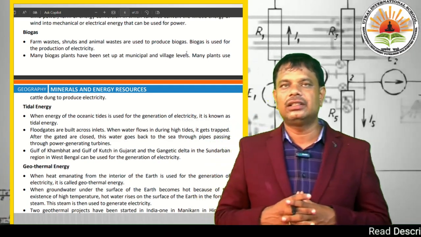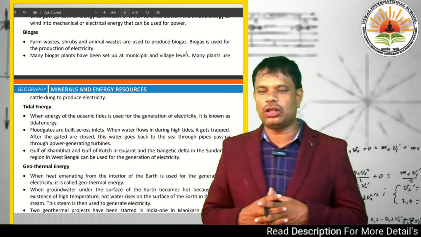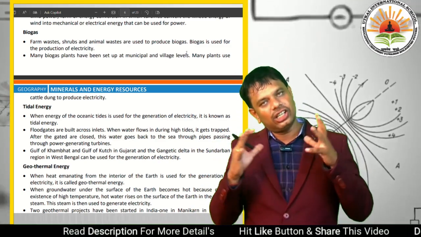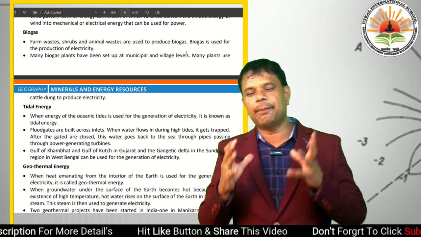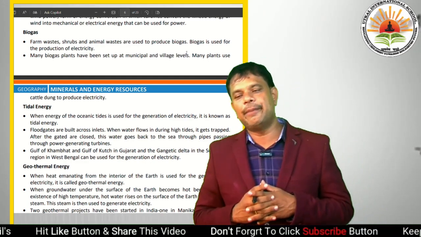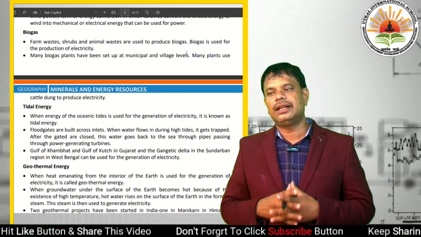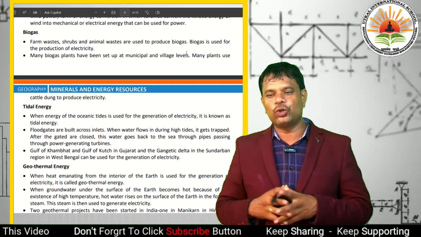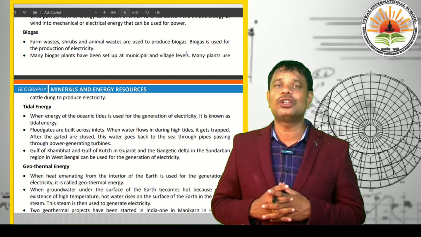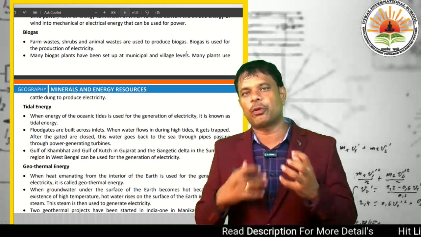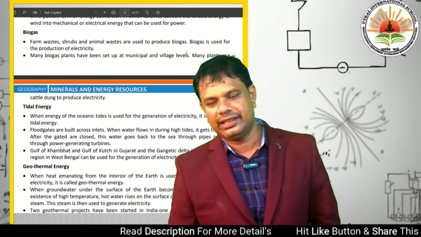Biogas is used for the production of electricity. Many biogas plants have been set up at municipal and village levels, and many plants use cattle dung to produce electricity. Cattle dung is the main thing used to produce electricity.